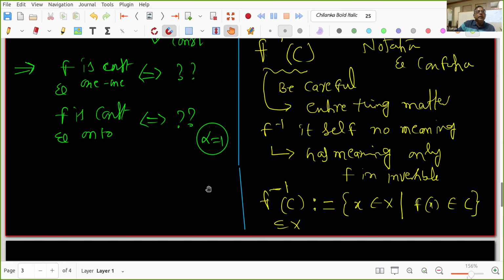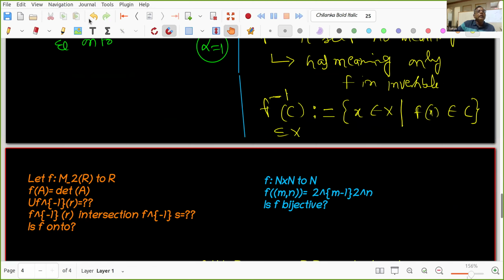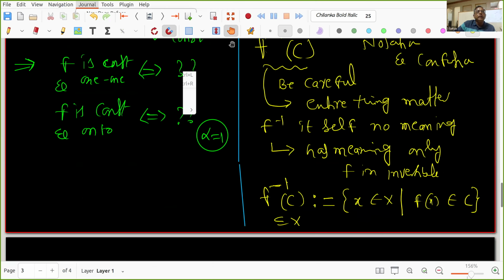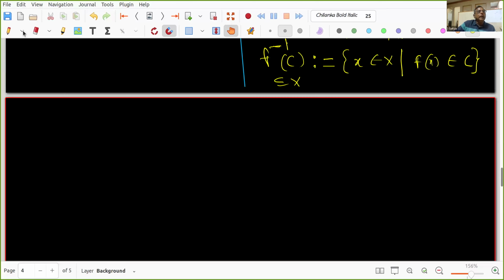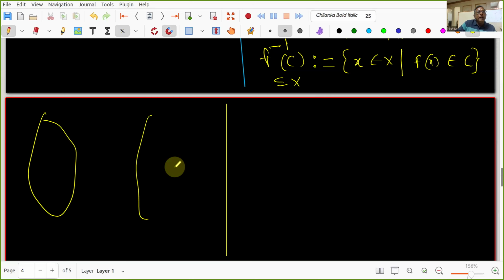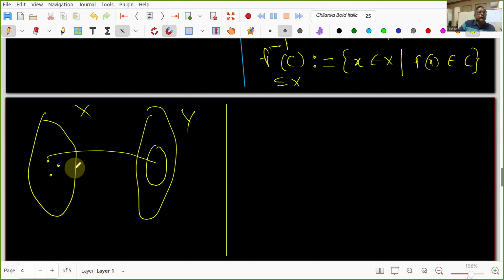So what is the diagram for this? Diagrammatically, I have X here, Y here, and some C inside Y. I am looking at those elements in X which are mapped into C, and I am collecting them.